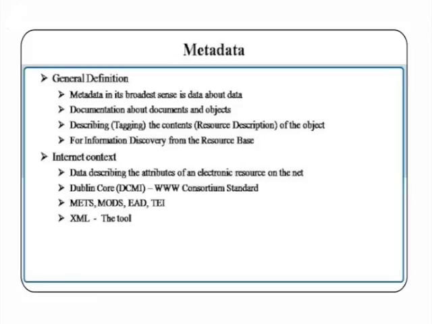Then information discovery from the resource base, data description. All these technical terms you can see in Dublin Core, DCMI, the W3C standards, METS, MODS. There are so many XML standards. So how many standards are you adopting in your software? That is also one of the criteria of digital library software selection.